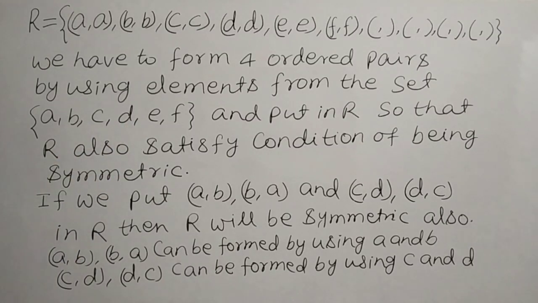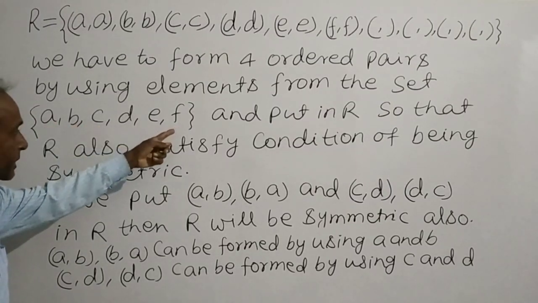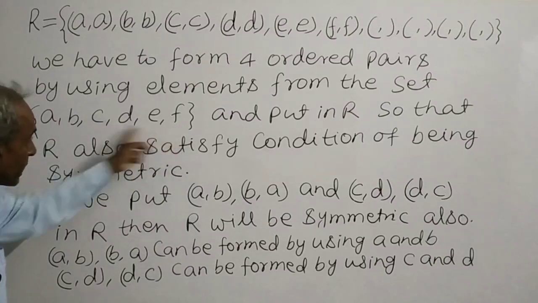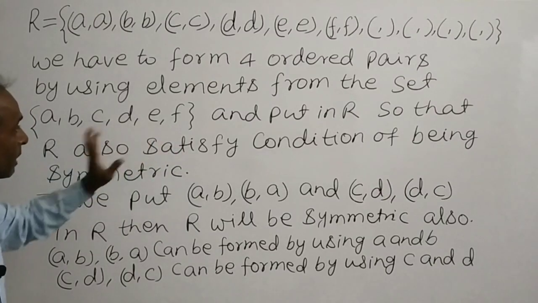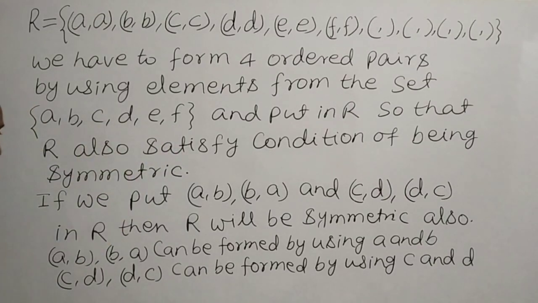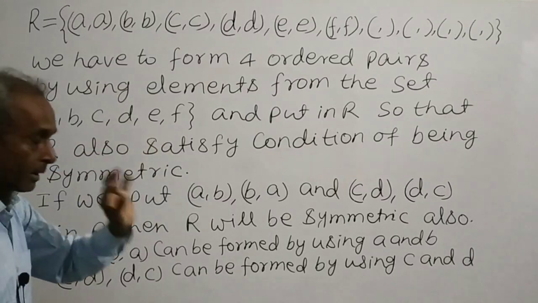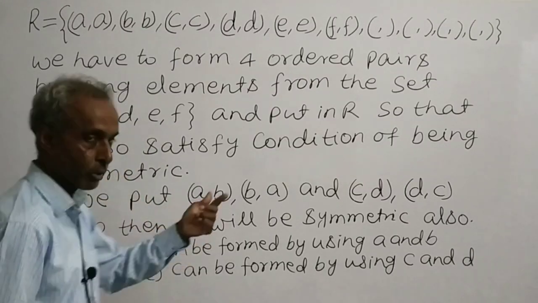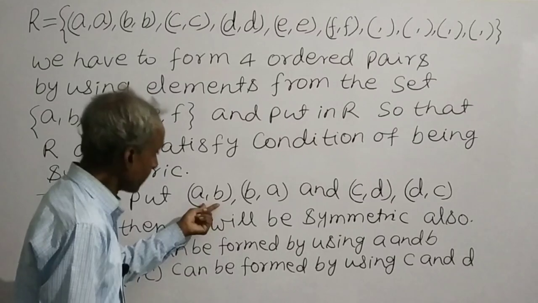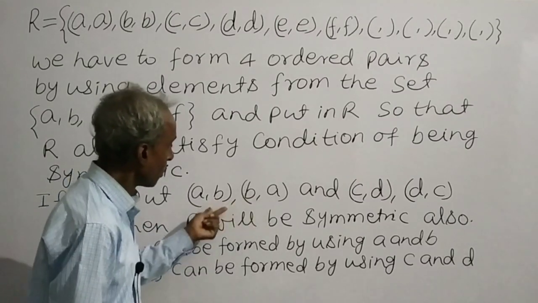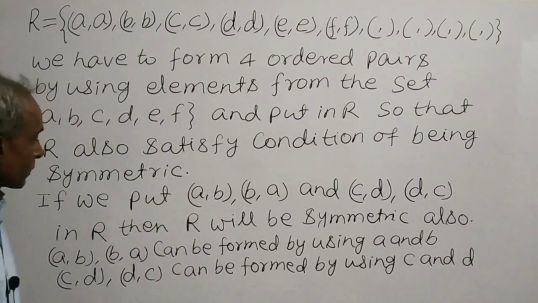That means if we take a selection of any two things out of these six letters, then we can form these two ordered pairs.